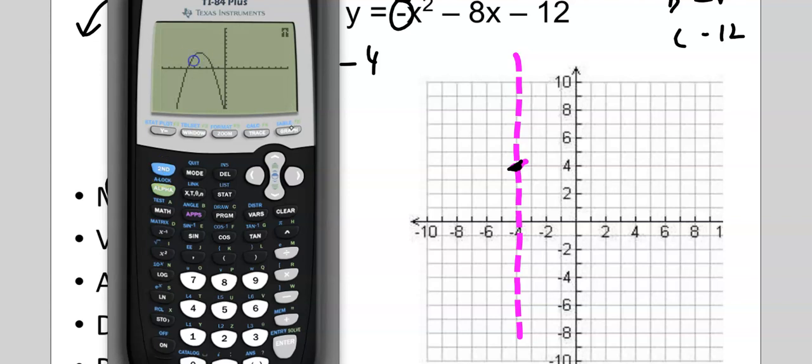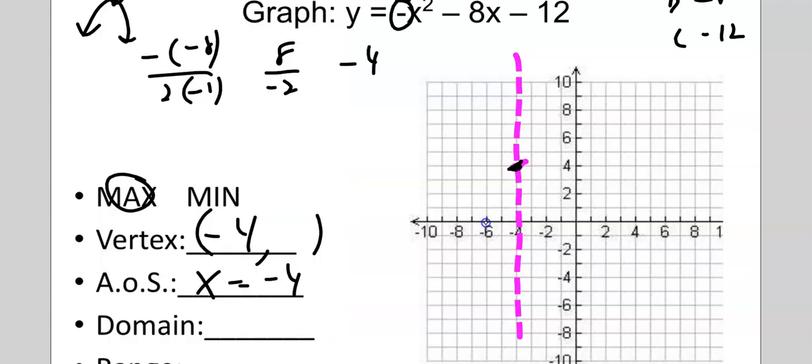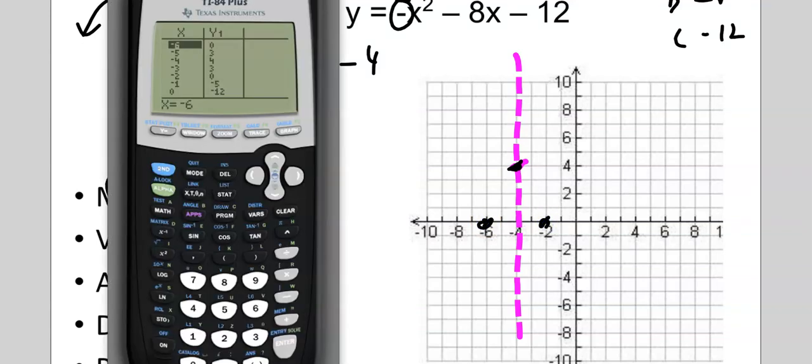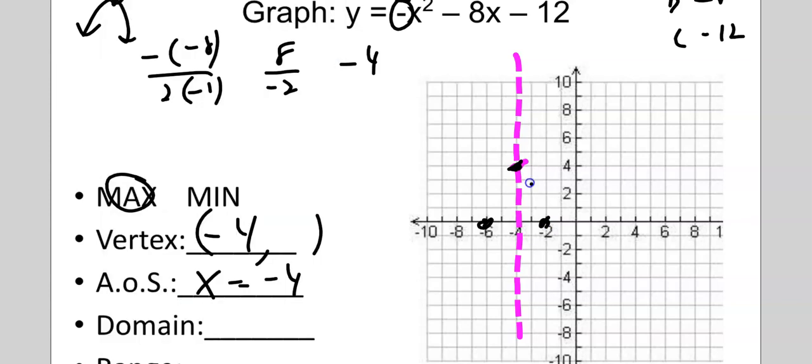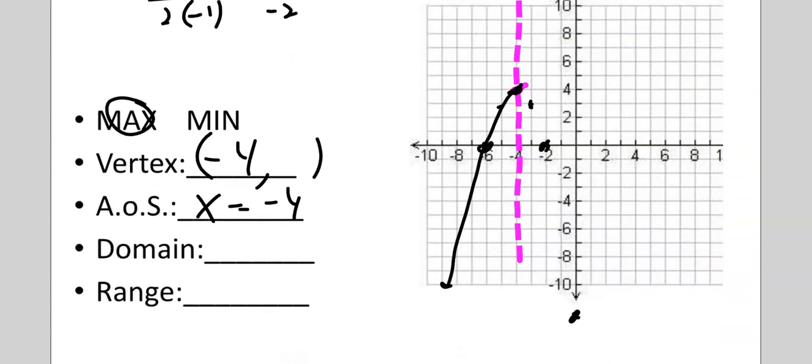So let's get some other points. One more there. So negative 6, 0 and negative 2, 0. Negative 5, 3 and negative 3, 3.